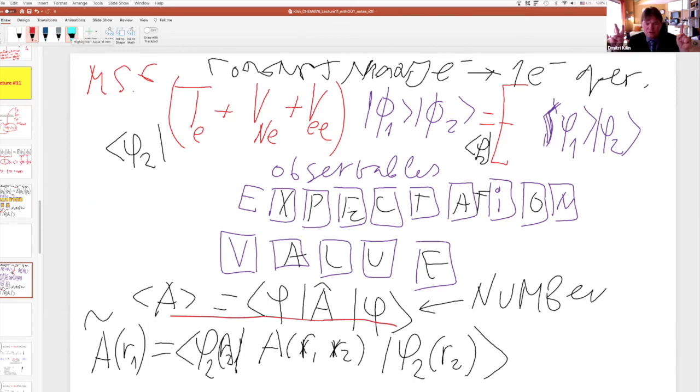So what we were doing there was, let me write it down in Dirac notation: phi 1, phi 2, operator V, phi 1, phi 2.